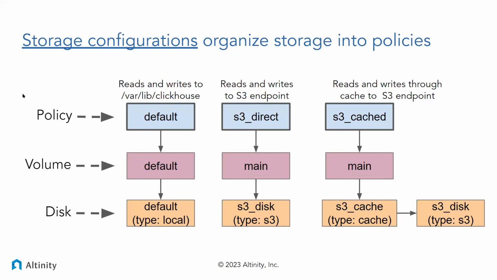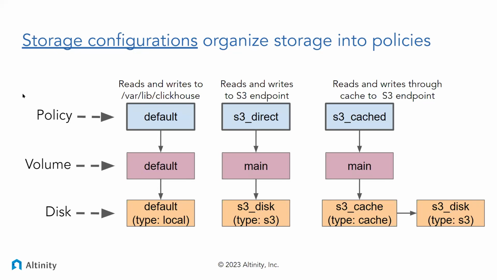It's called default, and what it does is write to your local disk, which is by default at /var/lib/clickhouse. You can add additional storage configurations. For example, there's one we call here S3 Direct, and what it does is, instead of using the local block storage, write to a bucket on S3.